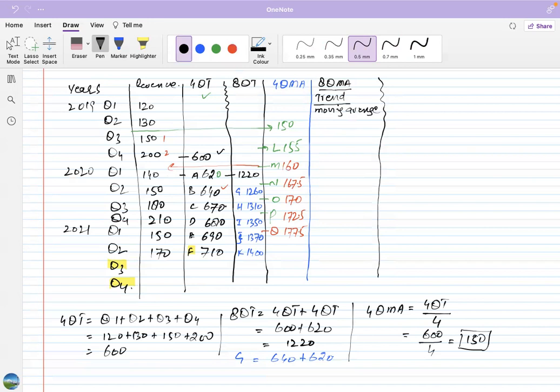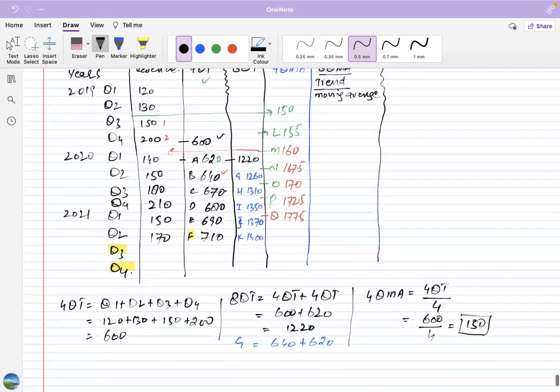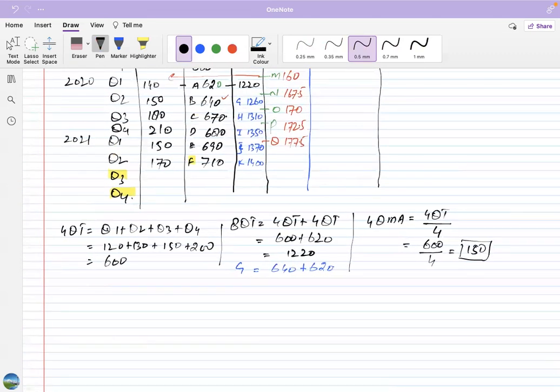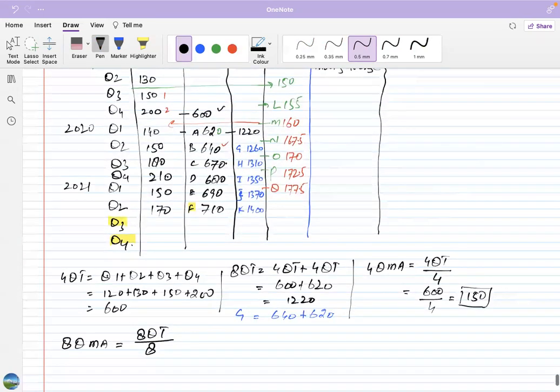The formula for 8-quarter MA is very simple. 8-quarter MA is equal to 8-quarter total divided by 8. For example, the first 8-quarter total value is 1220. That is already available to us. 1220 divided by 8, the answer is 152.5.